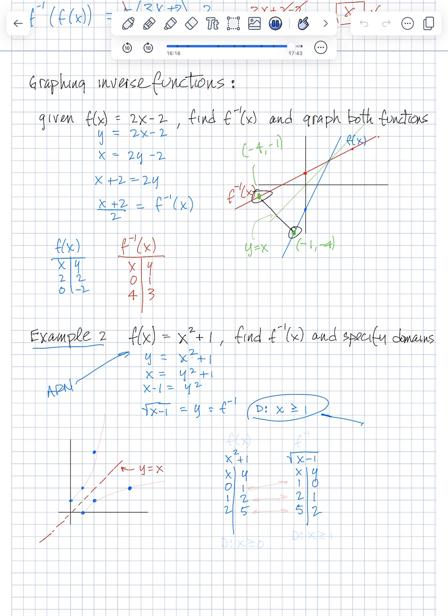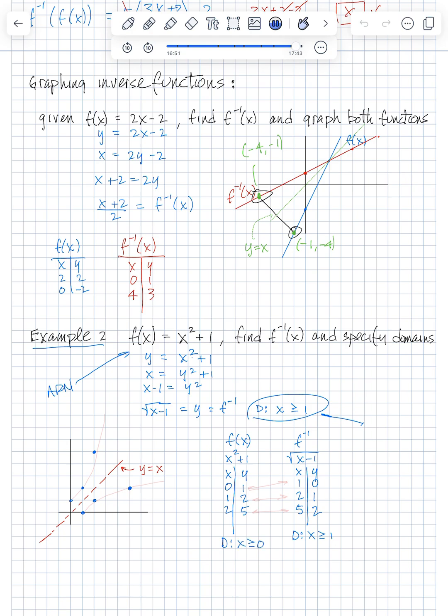So after we graphed them, we can tell on the inverse function, f inverse, that the domain is x greater than or equal to 1. But when we graphed f of x, we found out that x can be 0, and so our domain on this is x greater than or equal to 0.